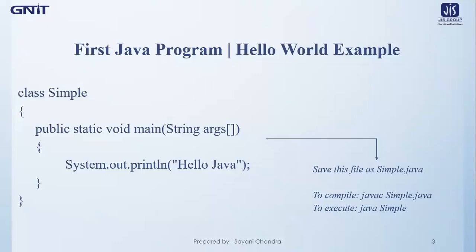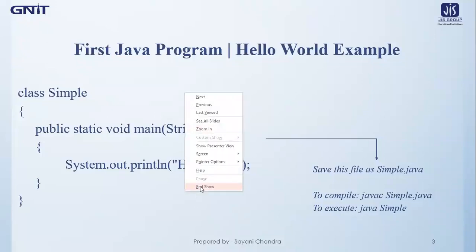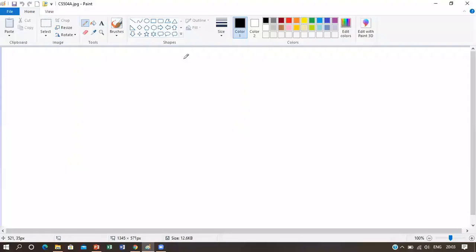So let's see how a general class structure looks like. Normally, a class syntax is like this: class space class name. We can give any name of our choice if we are using a user defined class like this, like the one we have shown in the example.